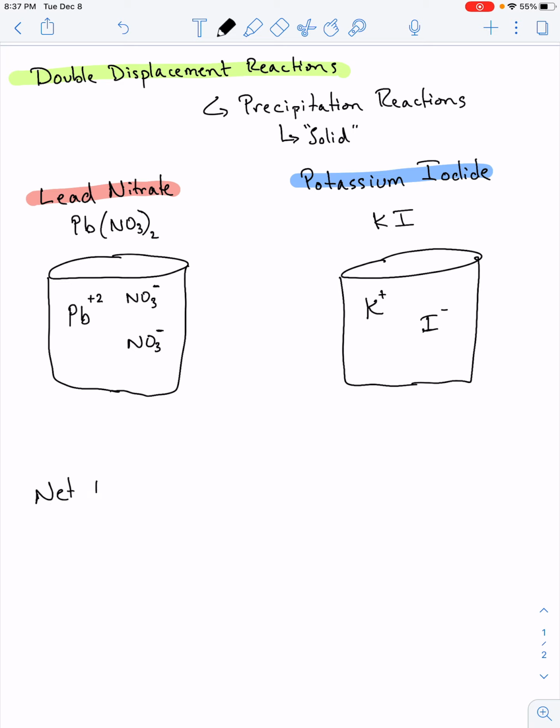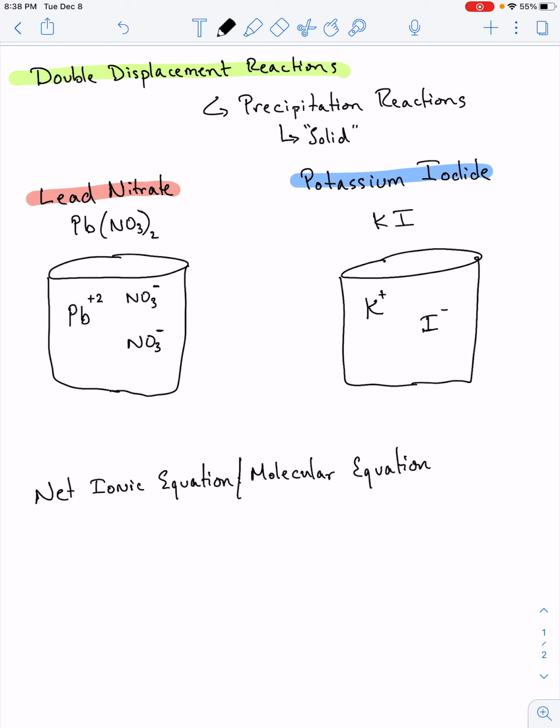And you're asked to find a net ionic equation. And in addition, you're also asked to find a molecular equation for when these two substances react.